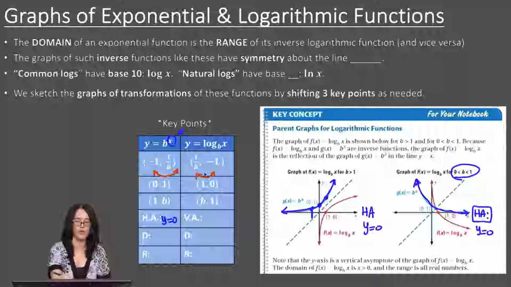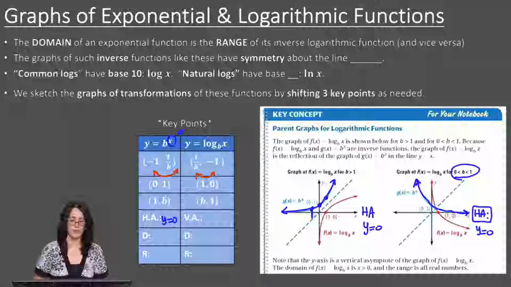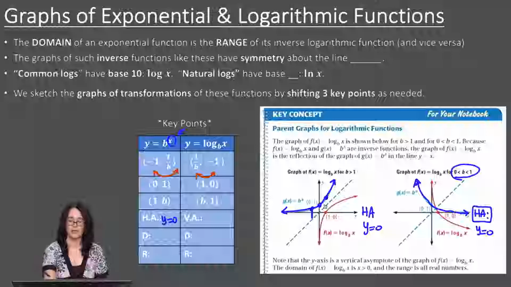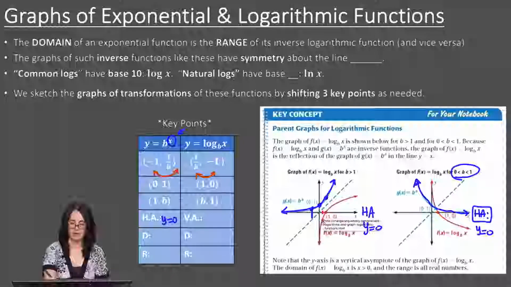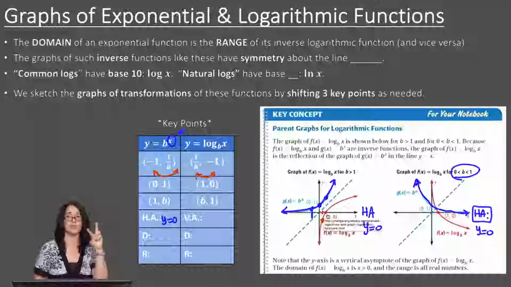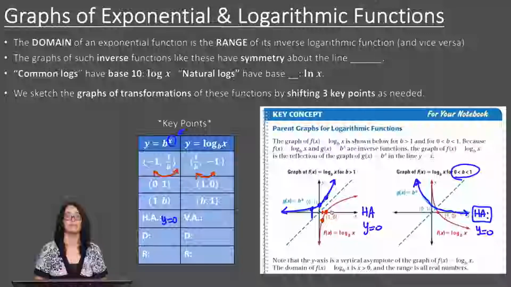now I get 1 over my base for my input when I have the output of -1. So for example, if I had a logarithm whose base was, let's say, 5, this would mean when I have the output of -1, my input must have been 1/5. So at 1/5, maybe around here, I would be down here at, let's say, -1. 1, 0, because 0, 1 has been switched, so that would be this point on the x-axis, 1 to the right.